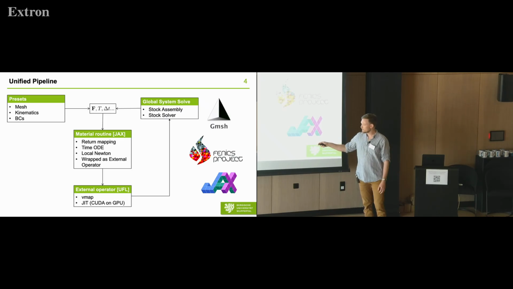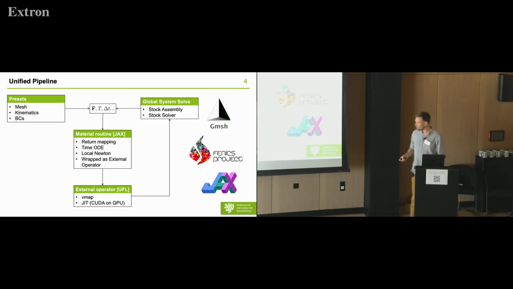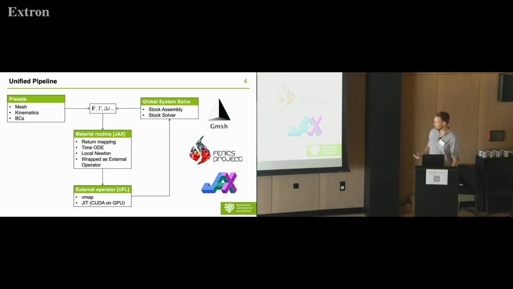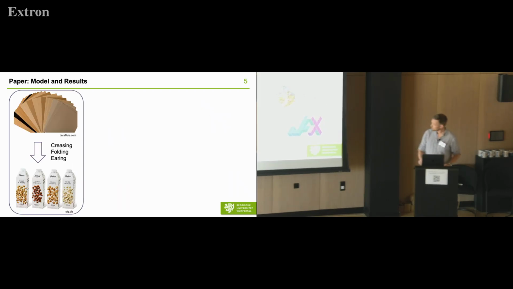We wrap everything as an external operator using this library or module, and then vectorize across all Gauss points using JAX vmap. We have only done this for the thermoplastics case yet, then also use CUDA in order to exploit GPU parallelization.